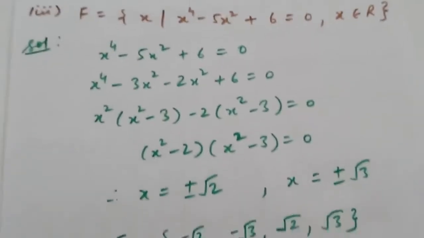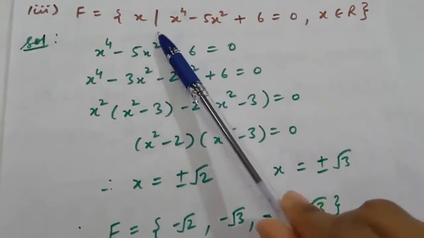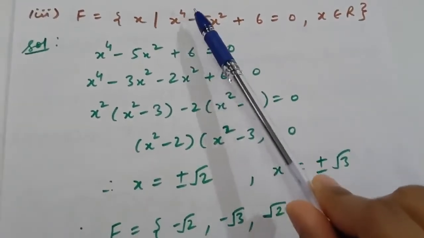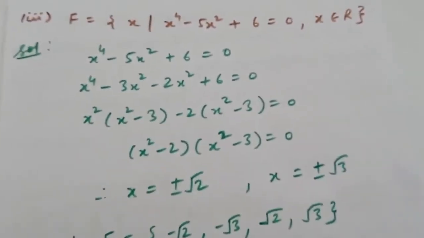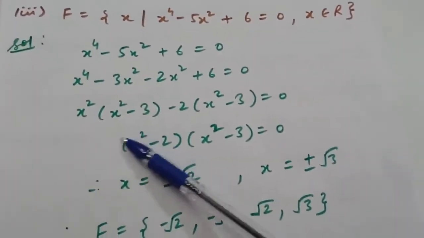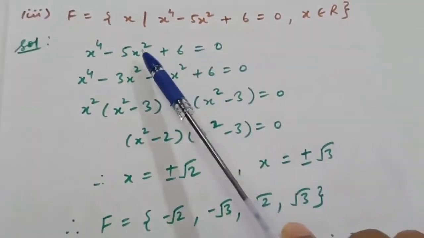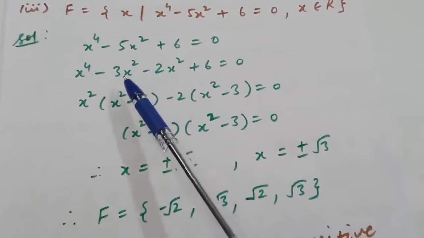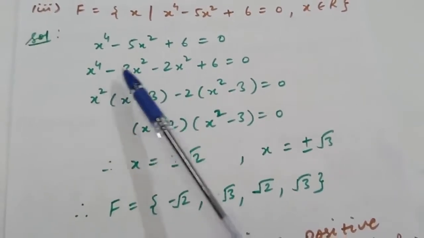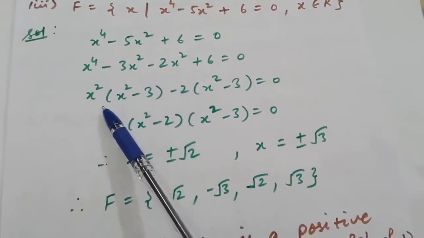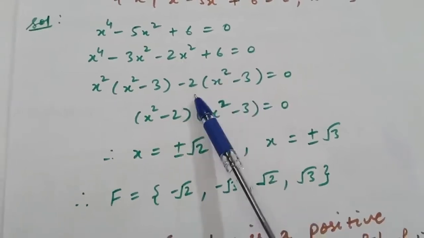Now, third part. The set F is given as x such that x raised to the power 4 minus 5x square plus 6 is equal to 0 and x belongs to real numbers. So this is the given condition. Solve it. Writing minus 5x square as minus 3x square minus 2x square, from these two terms we can take x square common: x square minus 3 in the bracket, and from these two, minus 2 common.